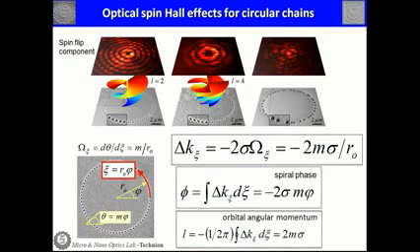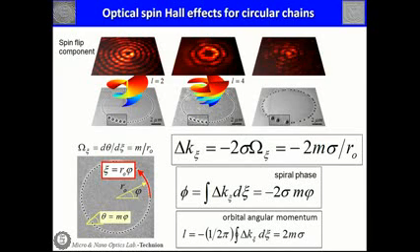Then we formed closed plasmonic chains consisting of isotropic nanoantennas as well as anisotropic nanoantennas rotated m-fold, m times along the chain, and we measured the k-space far field. The spin-flip component results in a dark spot.